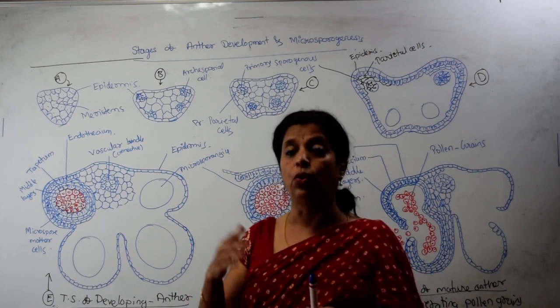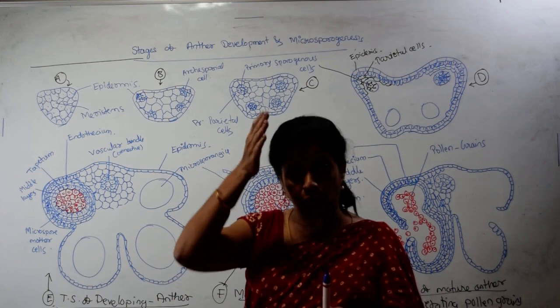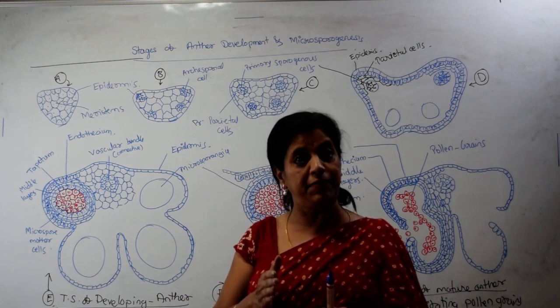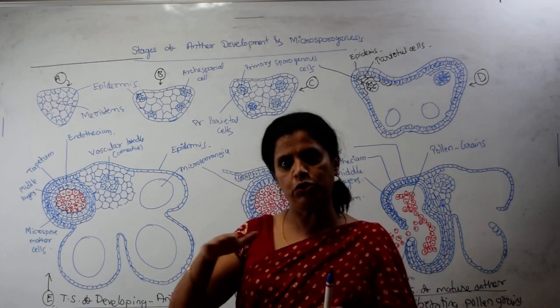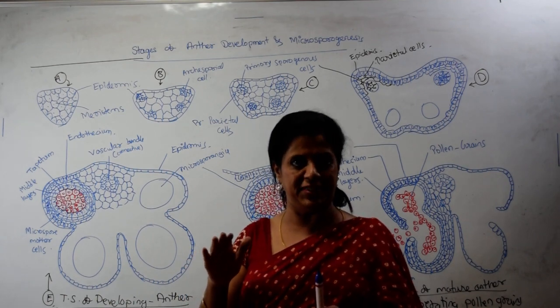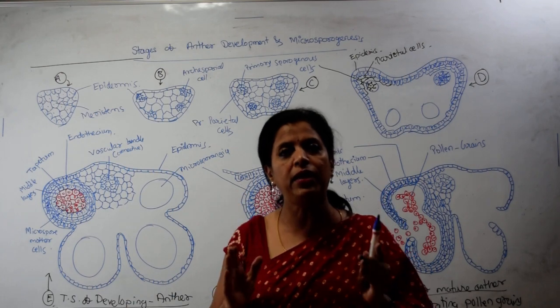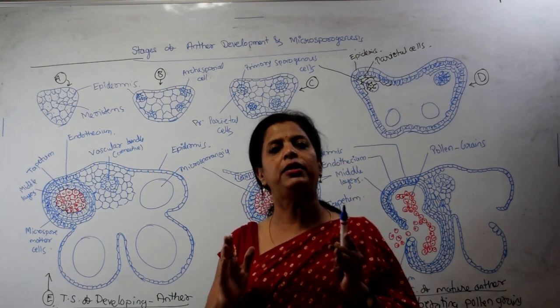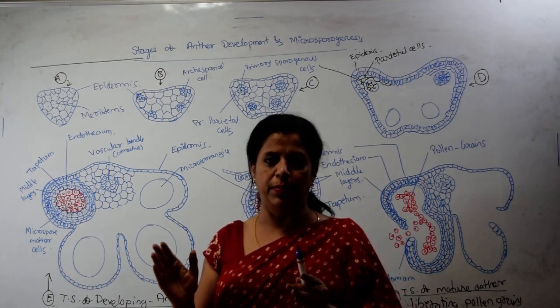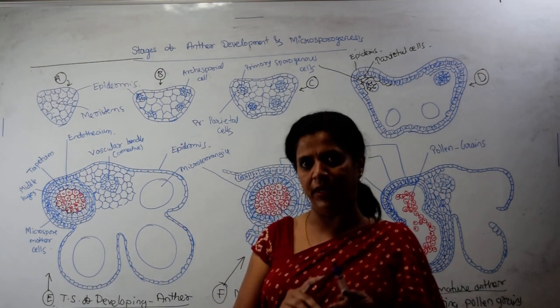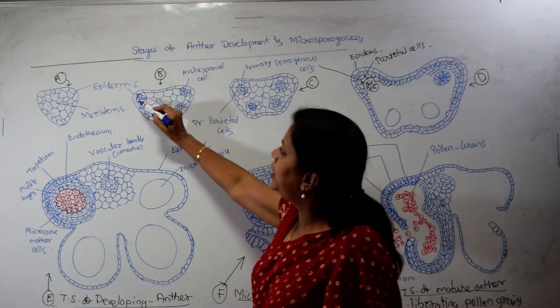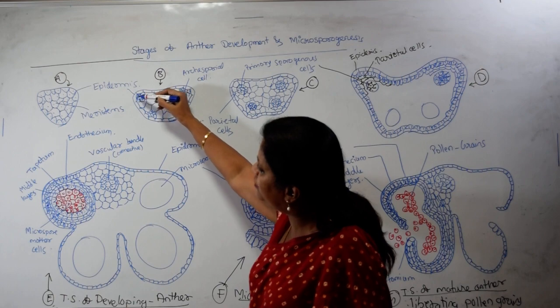But here it's not so. The divisions happening longitudinally are called anticlinal divisions, and those that happen in the horizontal way are called periclinal divisions. So remember these words, whenever the anticlinal or periclinal word comes, it must be connected with plant development or plant tissue development.